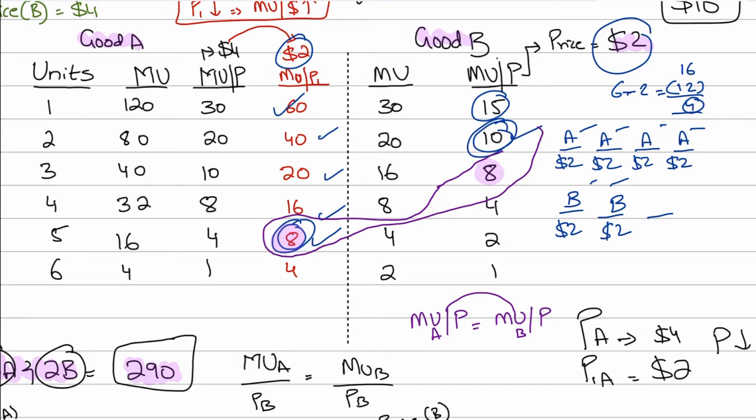He could either go for A or for B. So let's say he goes for A, he spends $2 for it, and now he's only left with $2, which means he's going to go for B now, and from his $2 he buys another unit of B.